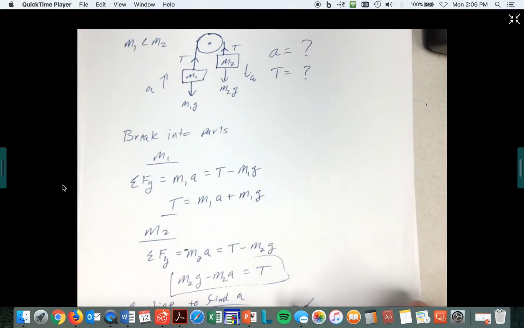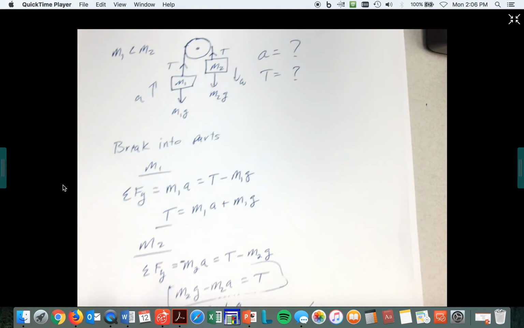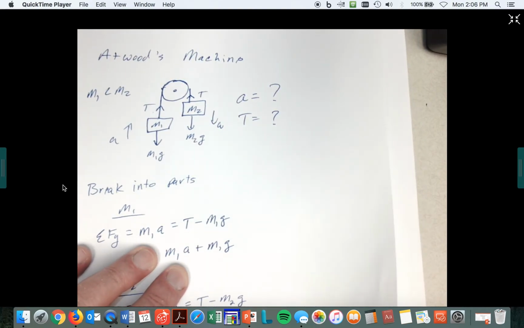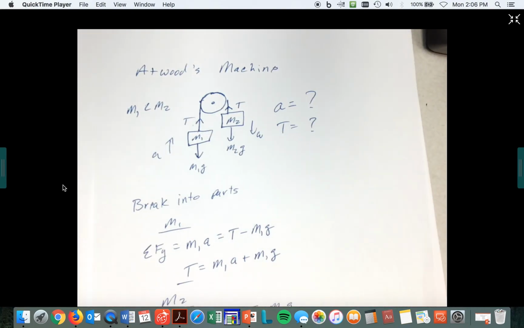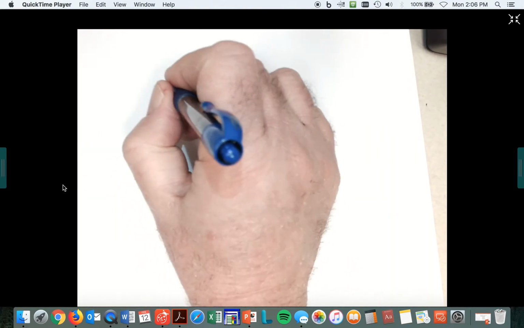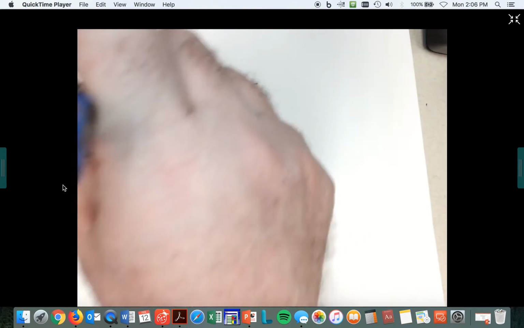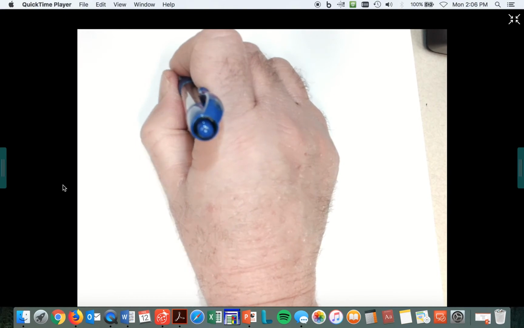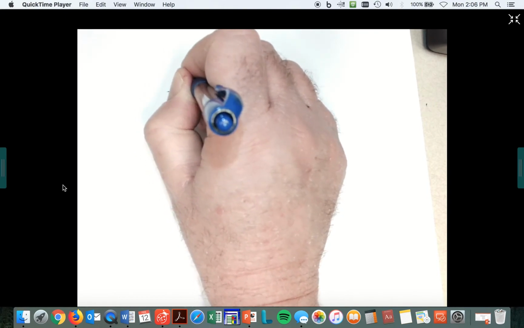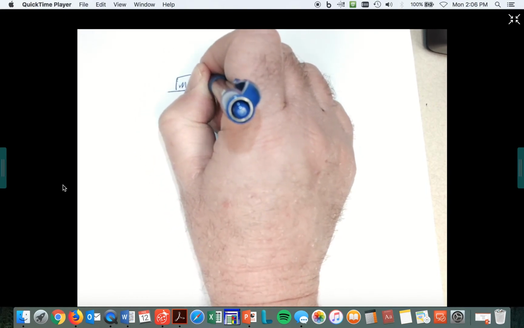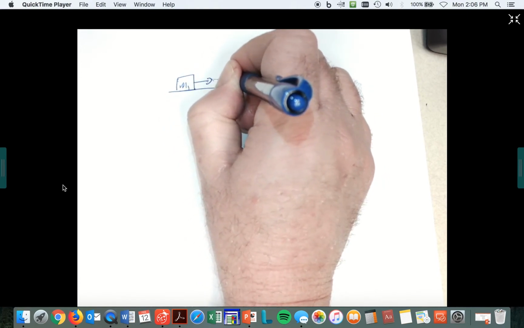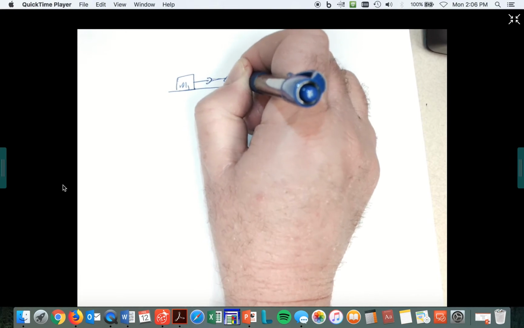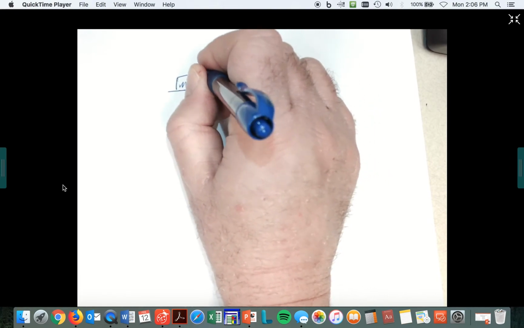Now, the second way to do this is like a train. So let's look at the Atwood machine as a train. In other words, we're going to take this and put it along the x-axis like this, on a frictionless surface. Here's M1, getting pulled by a tension this way. The string still goes through. Here's M2, getting pulled by a tension this way.